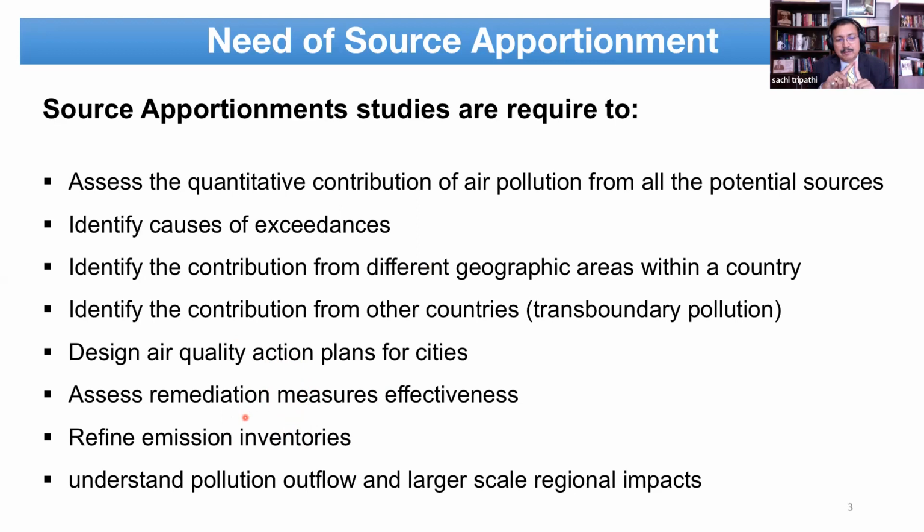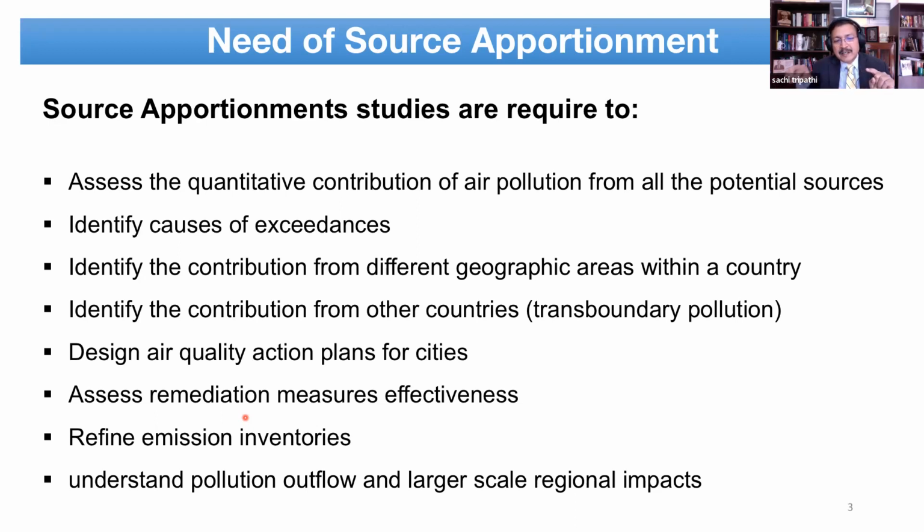Now you see that between the source and the receptor, there are several processes, which include dynamic, physical, and other chemical processes, which is quite complex. So therefore, it's a somewhat non-linear relationship between emission and ambient concentration and ambient composition.